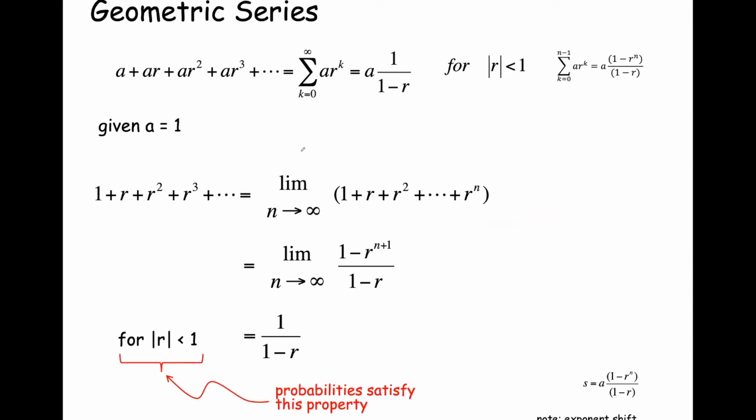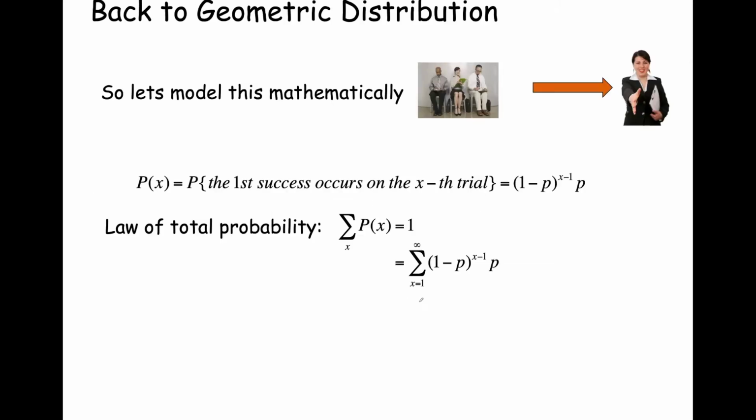Now, of course, that magnitude of r less than 1, it kind of fits in our case. Probabilities satisfy this property. A probability, we said, is drawn from the closed interval between 0 and 1 on the real number line. So absolutely, a probability fits that criterion, less than 1. Okay, so now that we have this fact, let's go back to our geometric series.